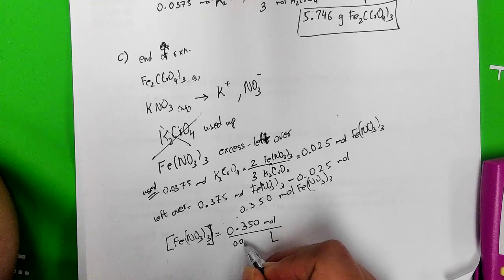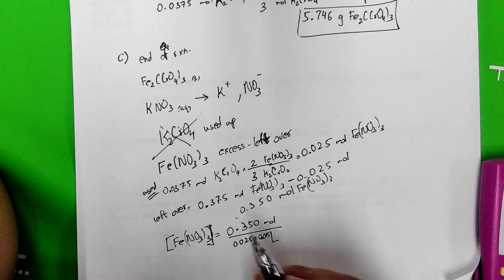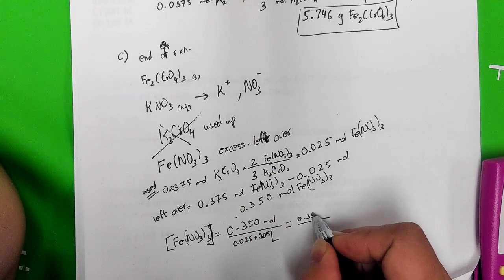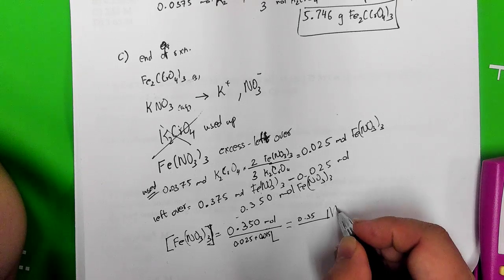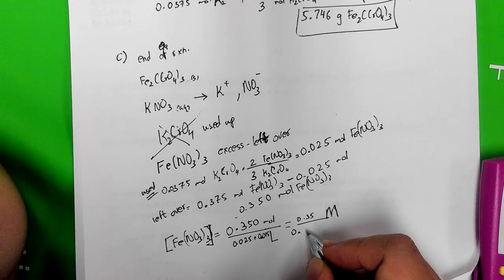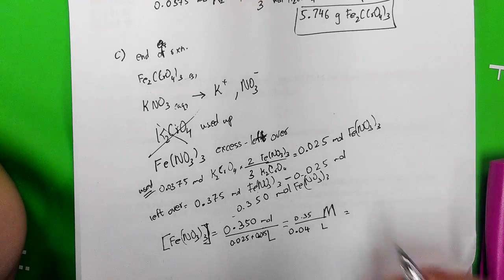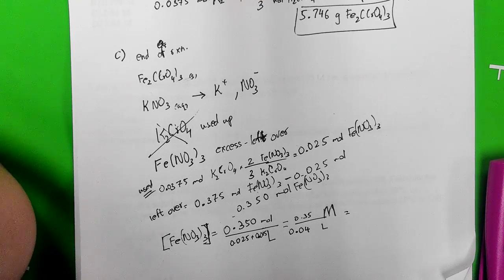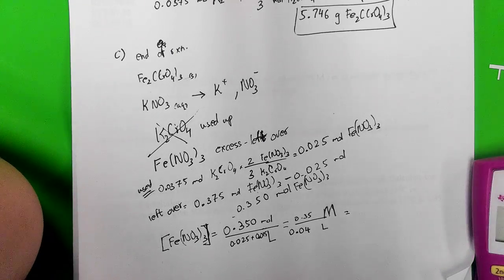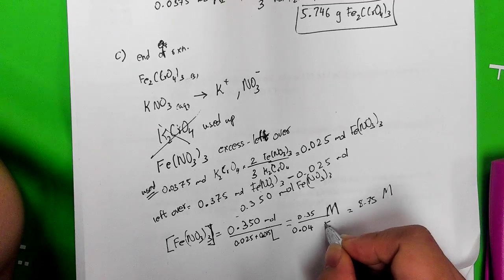It is 0.025 plus 0.015. Remember, both milliliter amounts added together. So this is 0.35 divided by 0.04, I'm just going to go ahead and write M, 8.75 molarity.